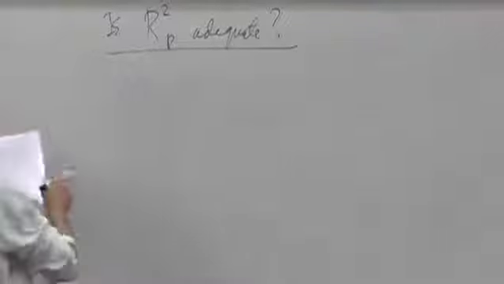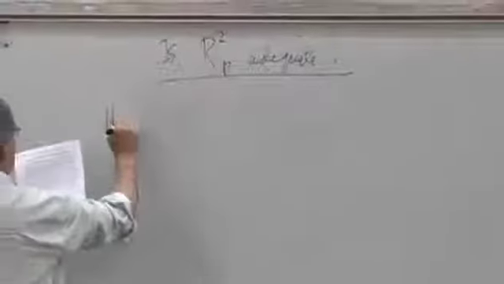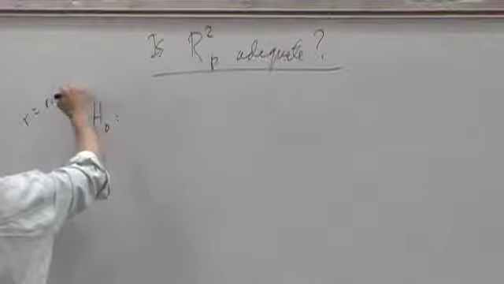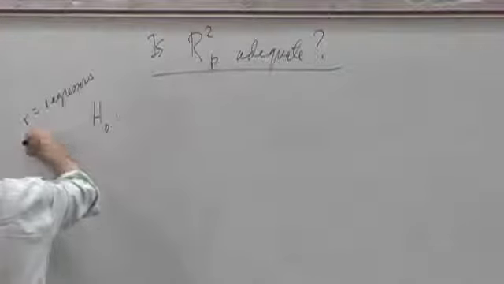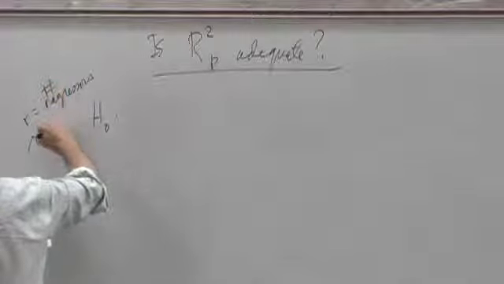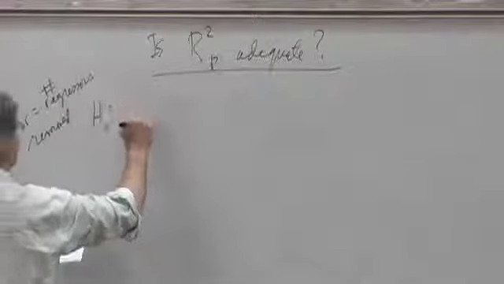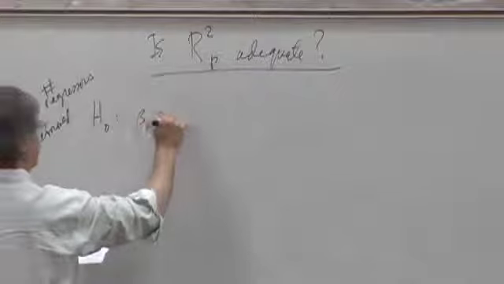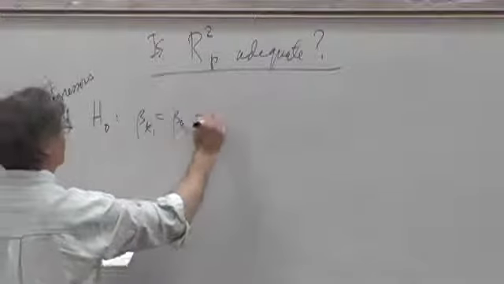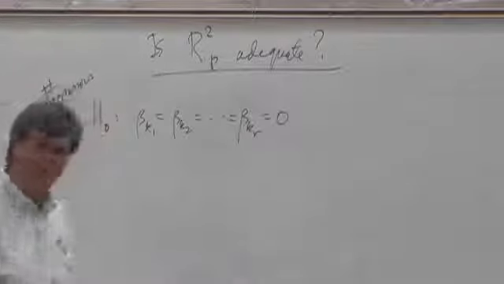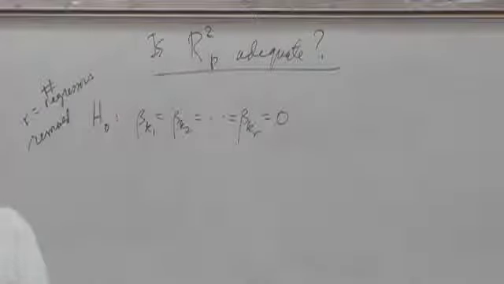You consider the hypothesis H naught, where r equals the number of regressors removed. So I'm going to consider that under the full model, H naught: beta K1 equals beta K2 equals, and so on, equals beta Kr equals 0. In other words, I'm going to take those r regressors and set them equal to 0. Take them out of the model.